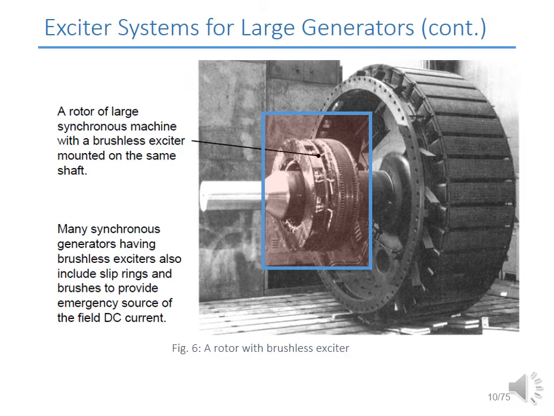And this slide shows us an illustration or a picture of a rotor with an exciter field. This bit is the rotor, while the system in the blue box is the brushless exciter that we have described in the previous two slides.